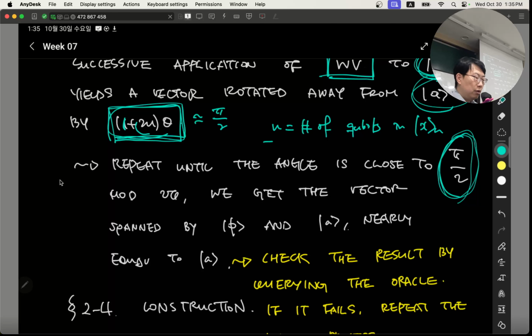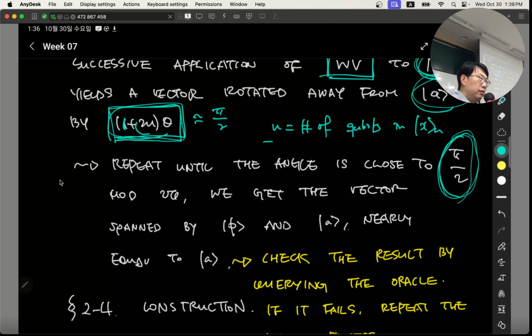If it gives you 0, then it's not the answer. Something went wrong, so you redo it again. You redo the 1,000 operations on the cat state phi, do the measurement again, then check whether you got the answer by querying the function, and you keep doing it. So it's a lot faster than searching 2 to the power of 1,000 times.